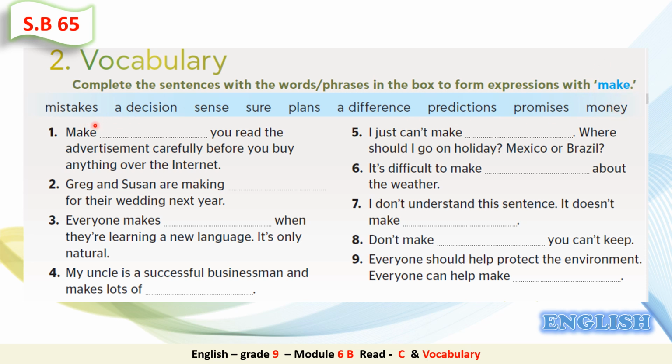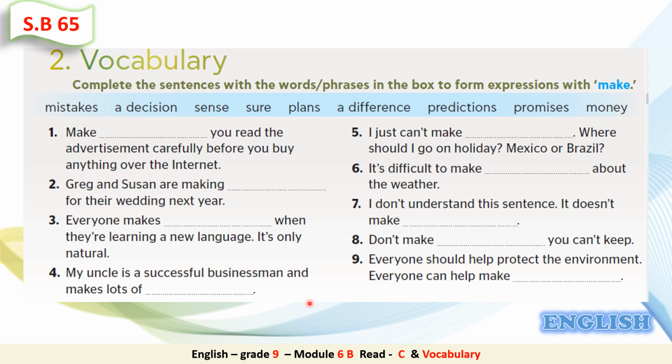We say make mistakes, make a decision, make sense, make sure, make plans, make a difference, make predictions, make promises, and make money. So all of these words are used with make. Here we have 9 sentences. What you are going to do is to complete these sentences using these words. Could you please pause the video and do the task? Go ahead.